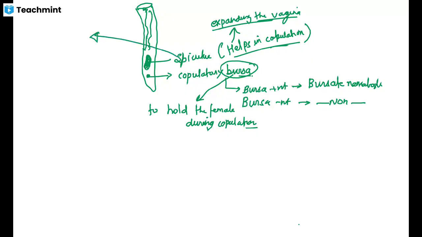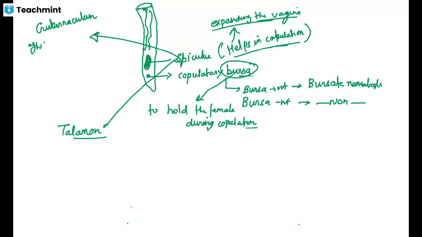Then again इसमें दो चीजें हैं. First one is gubernaculum and second one is telemon. तो if the thickening on the dorsal wall of spicular pouch is present, then it is called as a gubernaculum.